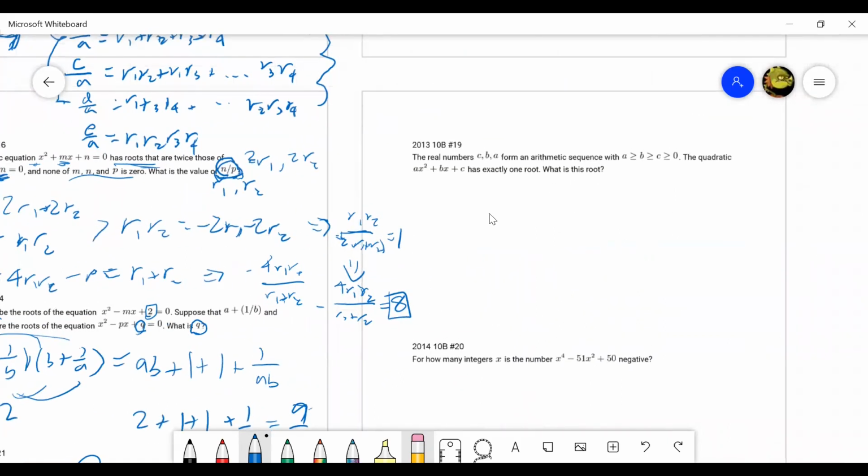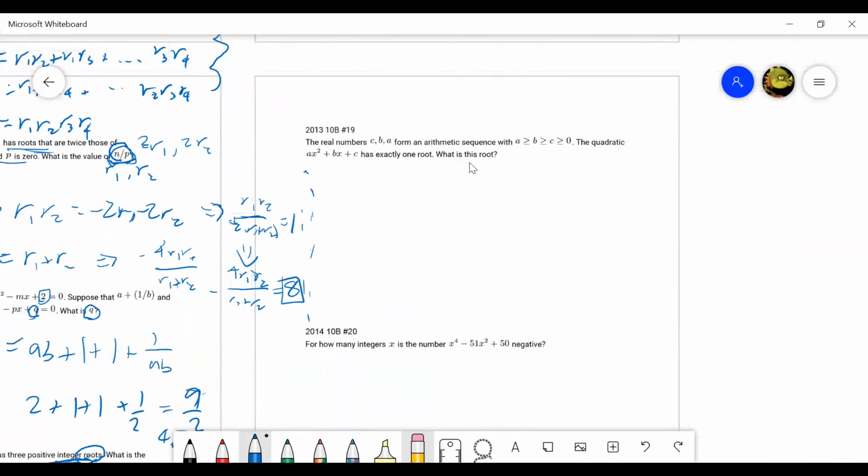Next we have, this actually has a pretty cool concept I do want to show. So this next problem says real numbers a, b, and c form an arithmetic sequence with a greater than or equal to b, greater than or equal to c, greater than or equal to 0. And we'll talk about these sequences in a later class.